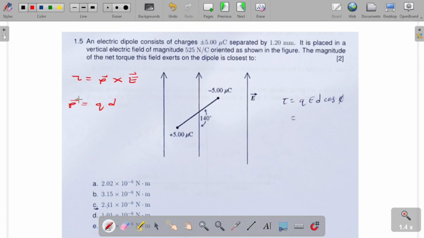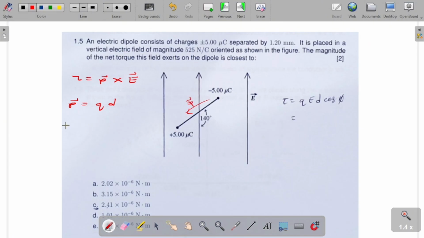It is usually referred to as a vector, and its direction, if this is our negative and this is our positive, is from negative to positive. The direction of the dipole is from negative to positive. So this is the direction of the dipole.